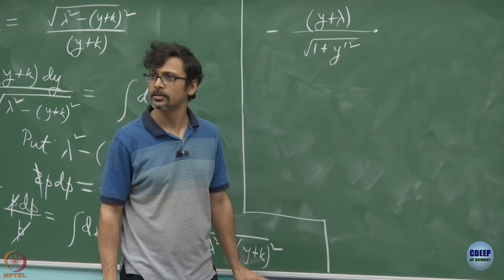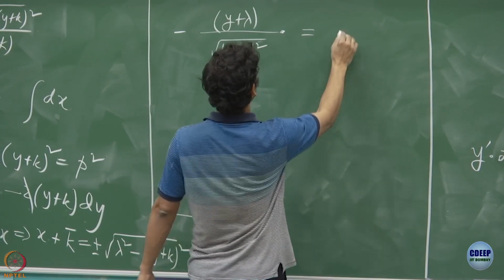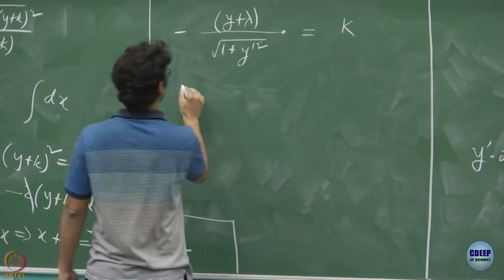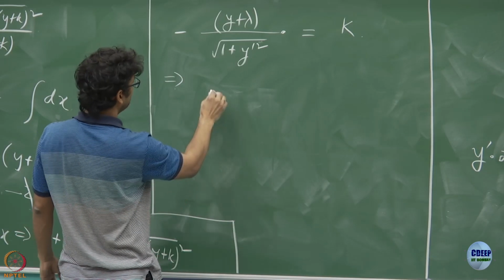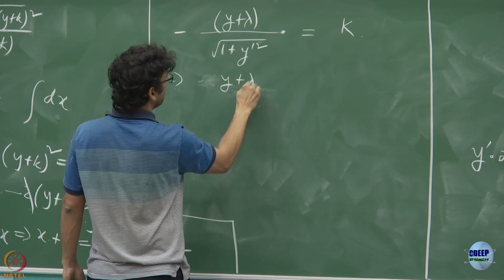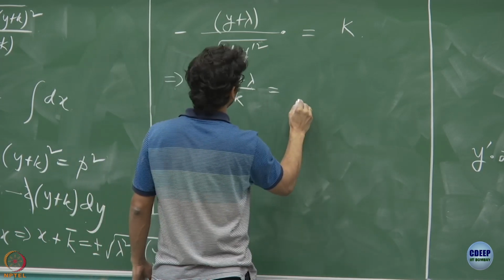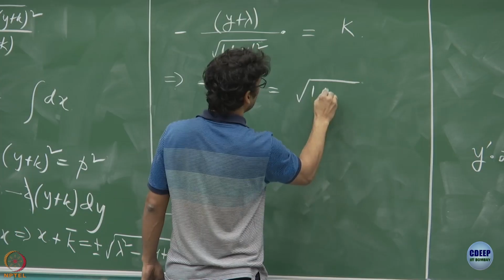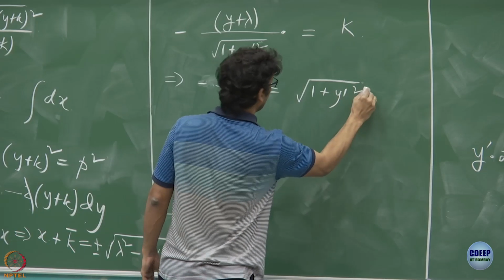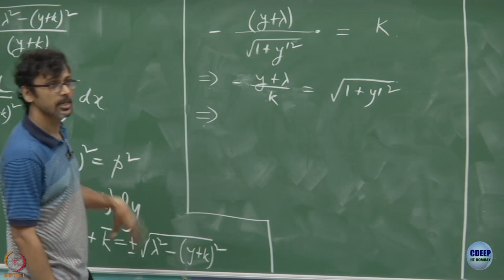Sure? Agreed? And that's going to be equal to k, which means that you have y plus lambda by k with a minus sign is equal to square root of 1 plus y prime squared. Now you square both sides.